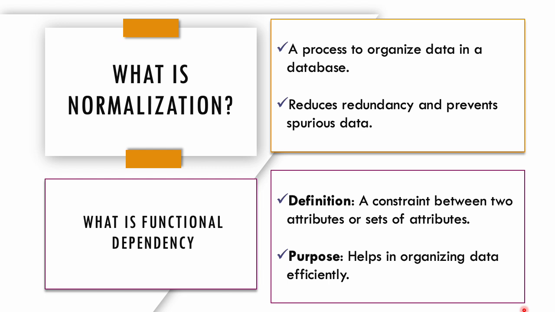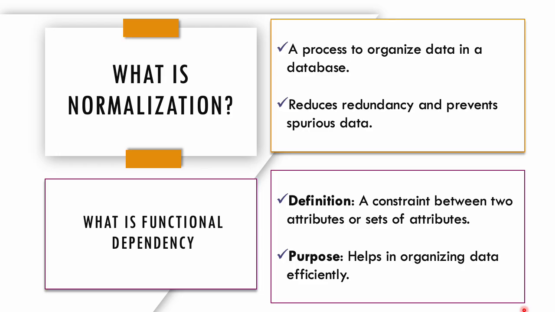So let's say you have a table of students and each student has a student ID and a student name. We can say that student ID determines the student name, right? This means that for each student ID, there is one and only one student name.